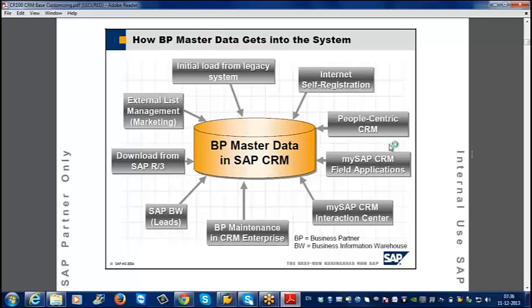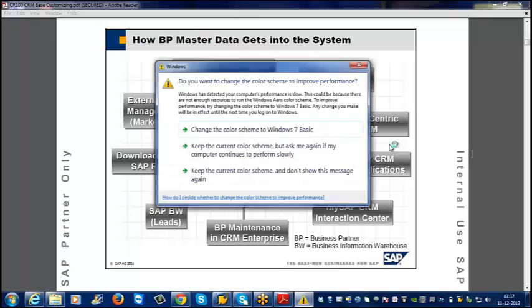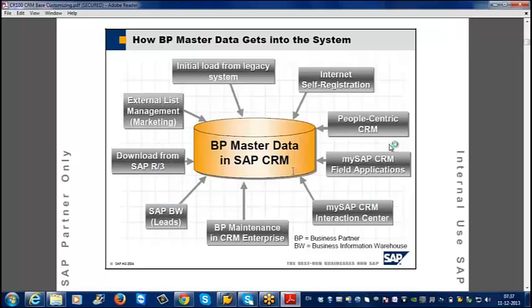Suppose you have an established R3 system and now you are implementing SAP CRM. In that case, the master data which is already available in the R3 system can be used in CRM. Say you have 1,000 customers in the R3 system, but as far as your CRM requirements are concerned, you might require only 500 customers for your CRM scenario.